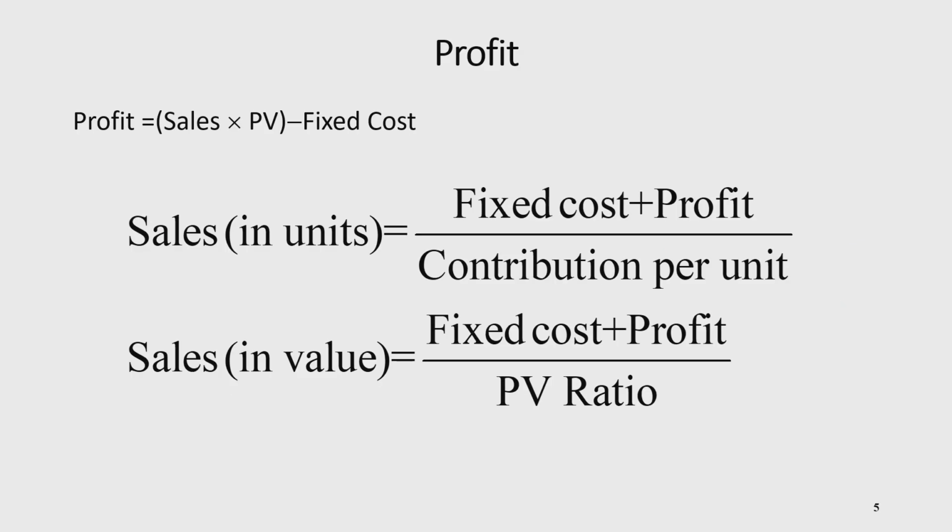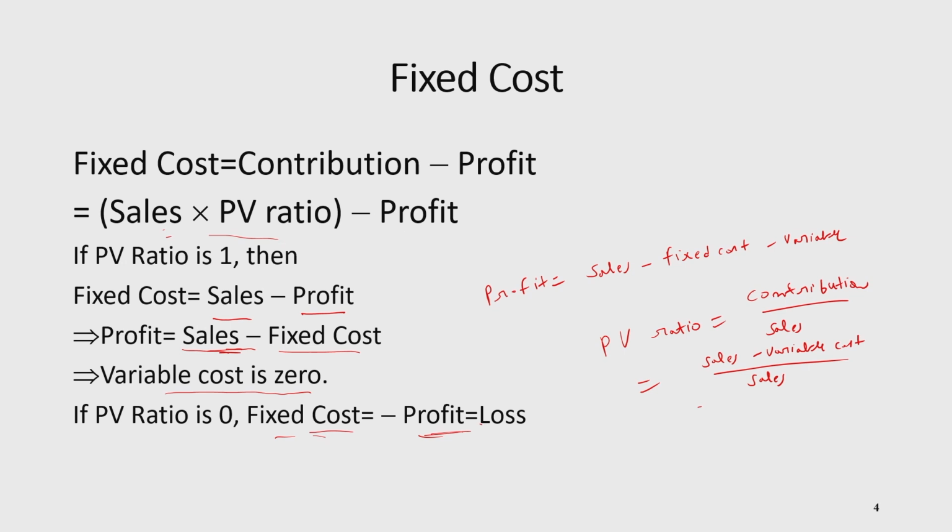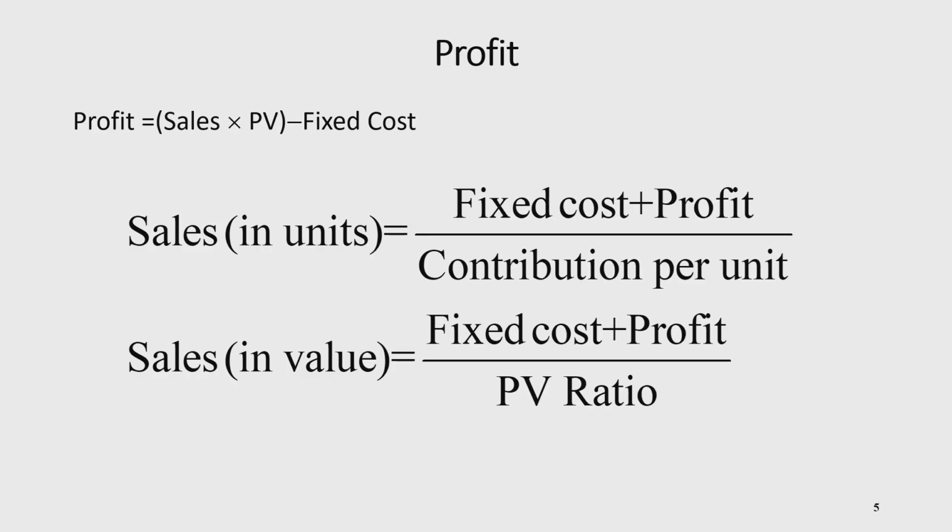As far as profit is concerned, profit is equal to sales into PV minus fixed cost. We can represent it like this also: sales in units will be fixed cost plus profit divided by contribution per unit.